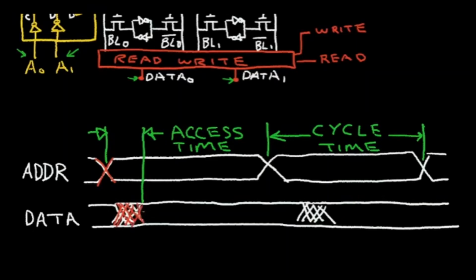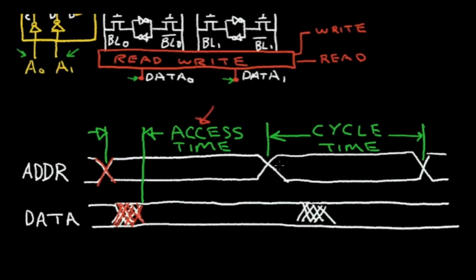For example, this could be a worst case process. The temperature might be hot. Maybe my supply is at a low level. And the data could take a longer time to become valid. The time that I must wait for my data to become valid after applying the address is called the access time.